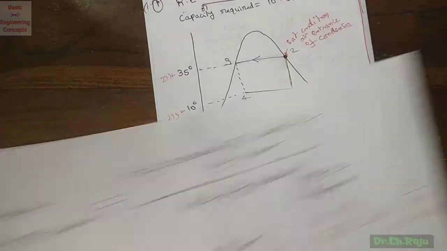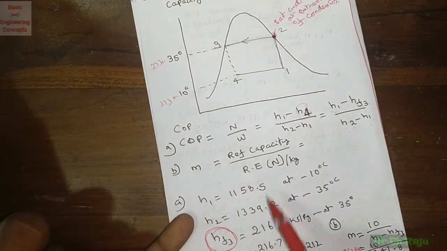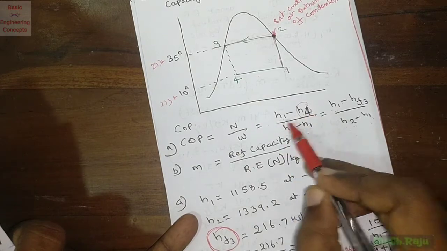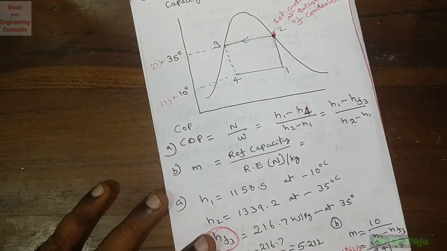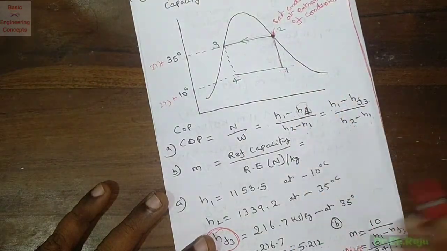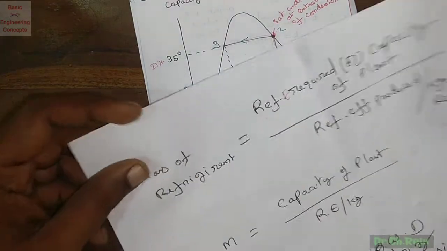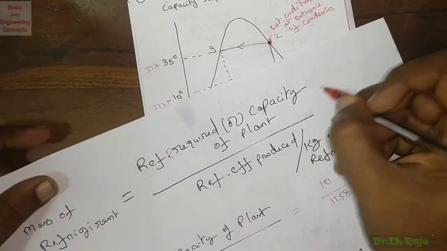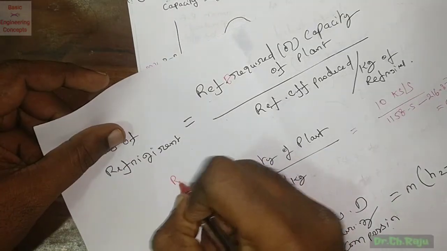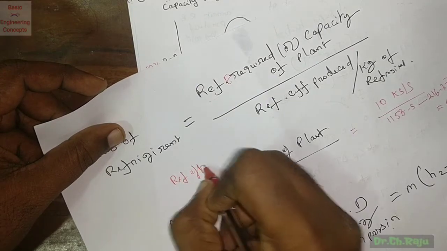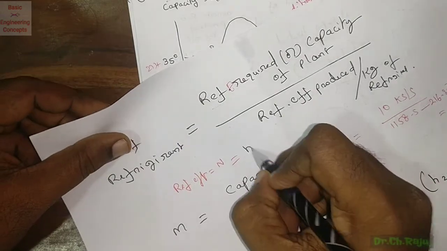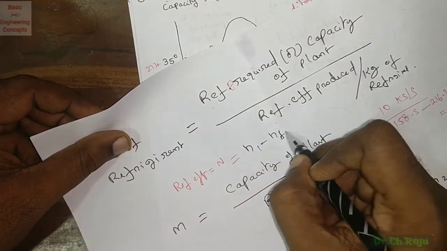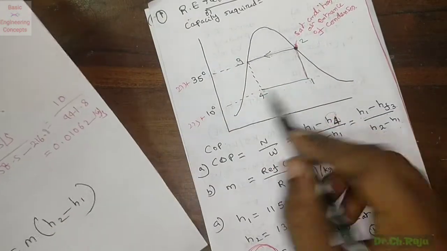As we already calculated, the refrigeration effect is H1 minus HF3, with values given in kilojoules per kg.